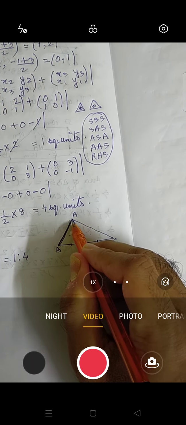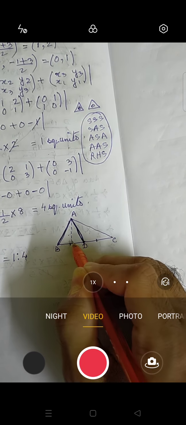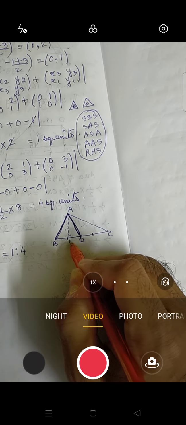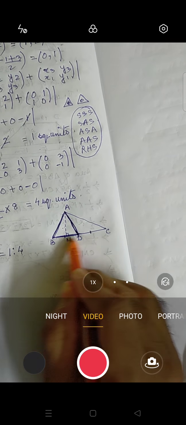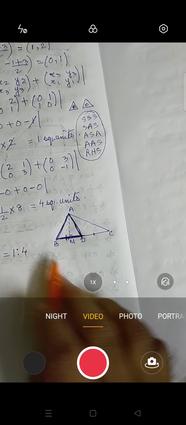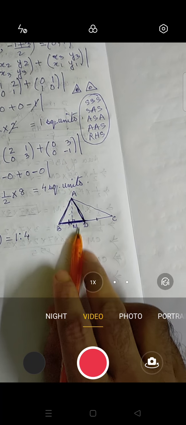What I will do, I will draw a perpendicular like this, perpendicular to BC. Let it be M. Now I am taking this triangle. Is it visible to everyone? ABD, I am taking this dark triangle.